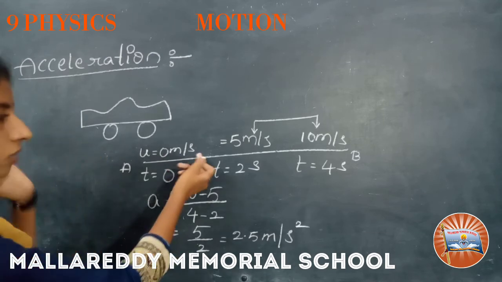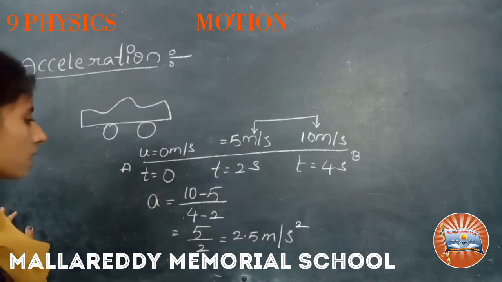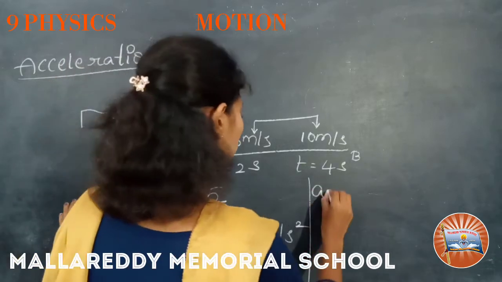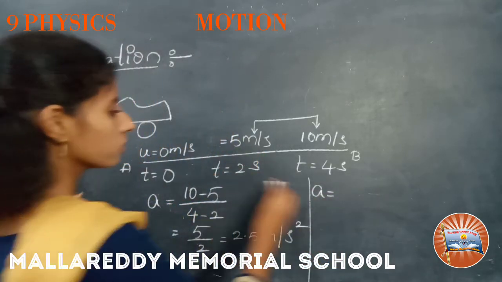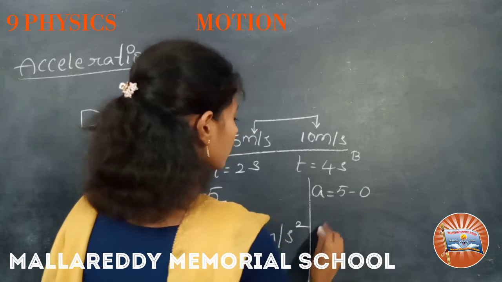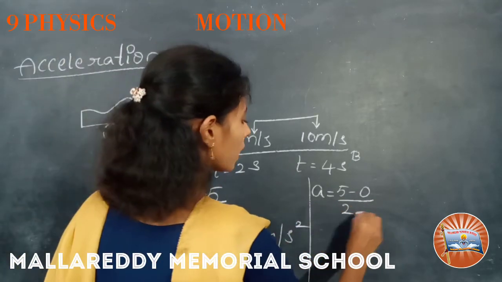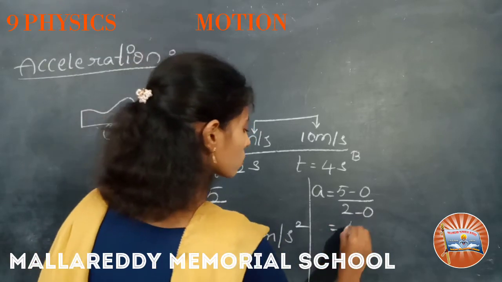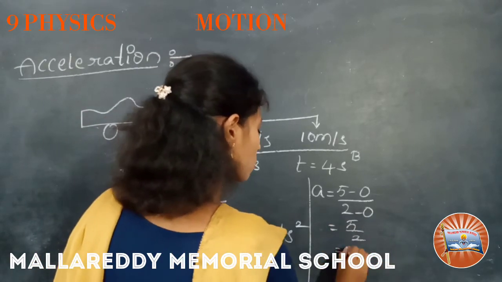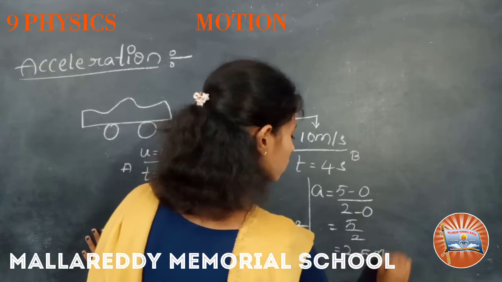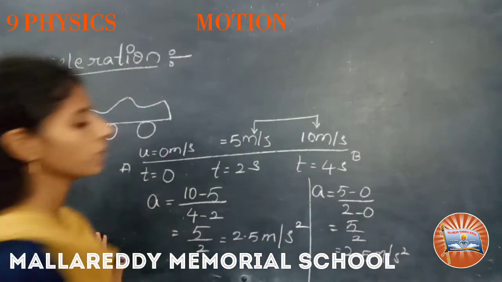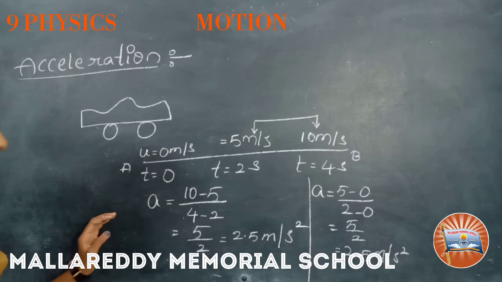Now if you take between these 2 points, the acceleration is 5 minus 0 by 2 minus 0. So again 5 by 2, and again we get 2.5 meter per second square.